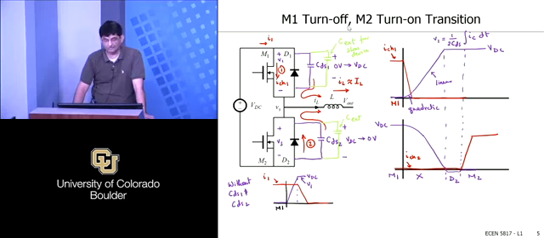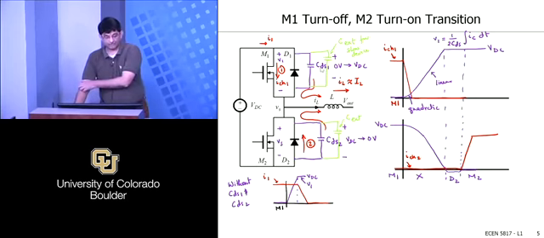It wasn't bad in the first place in terms of the amount of energy involved. Better still, most of that energy was going into charging the output capacitance of M1. So it essentially gave us zero voltage turn off of M1 and zero voltage turn on of M2 without us doing anything special.